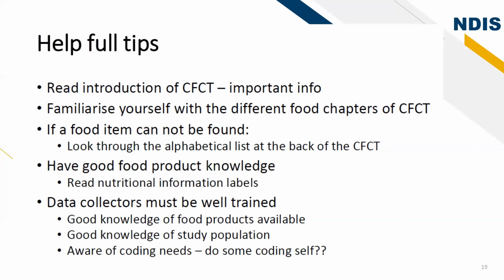And then as field workers, you must be well trained. So again, knowledge of the food products that are available, knowledge of your study population, and awareness of the coding needs of the coder. That's why you are going to do some coding yourself, and see if the field worker, you yourself, or your co-field worker, your peer, did the interview on the questionnaires in detail.